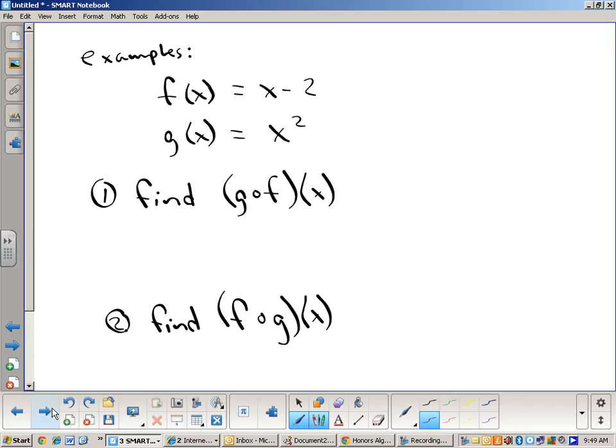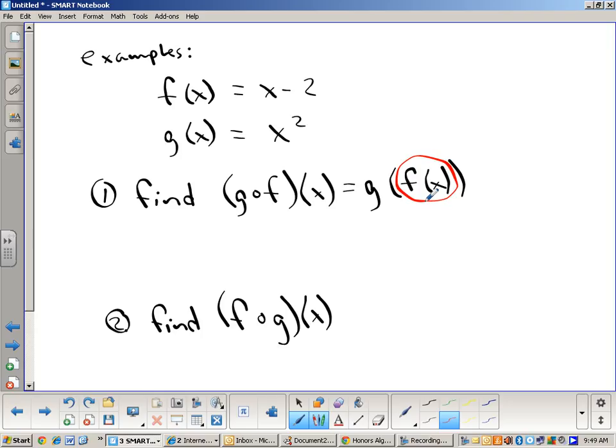Okay, examples. F of x is equal to x minus 2 and g of x is equal to x squared. Find g of f of x. Well, the definition of that means that we're going to find g of f of x this way, which means we're going to take all of f of x and put it in place where x was in the g of x function.